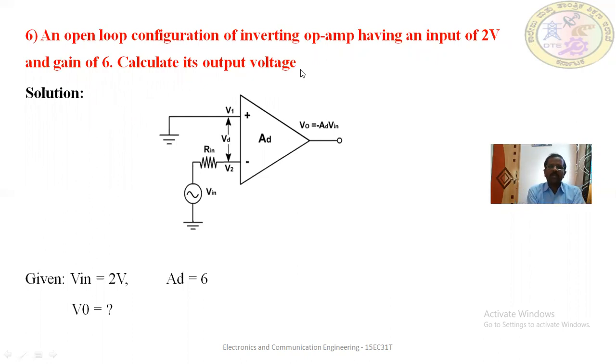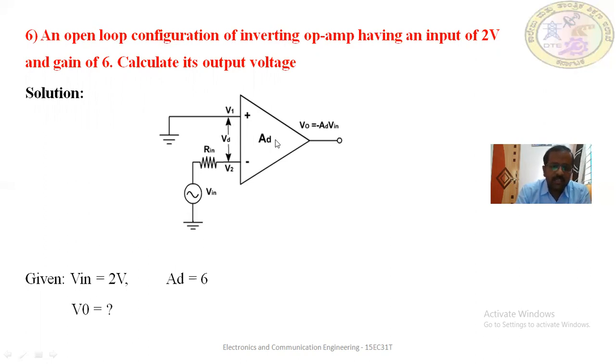It is an open loop configuration of the inverting amplifier, so you should draw the diagram. An open loop inverting amplifier means the input is applied to the inverting terminal, the non-inverting terminal is connected to ground, and the output is obtained across the output terminal. This is the arrangement of the open loop configuration of the inverting op amp.